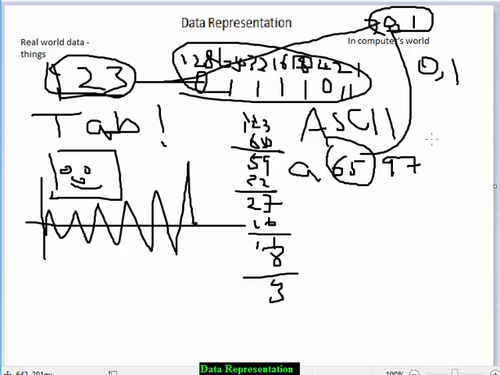As long as you set up the rules, you know what code is for each letter, then you can do it. Now, what do we do with pictures? If we have a picture, how do I turn it into a computer file? We know we can do that. You can scan it. What happens during the scan process?